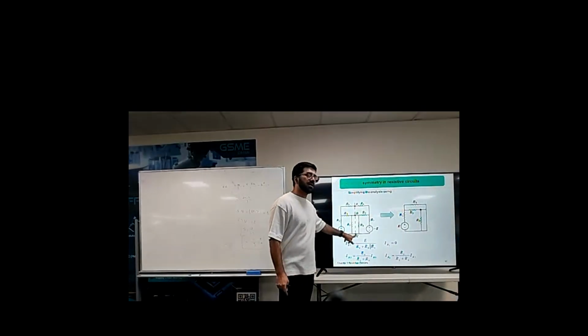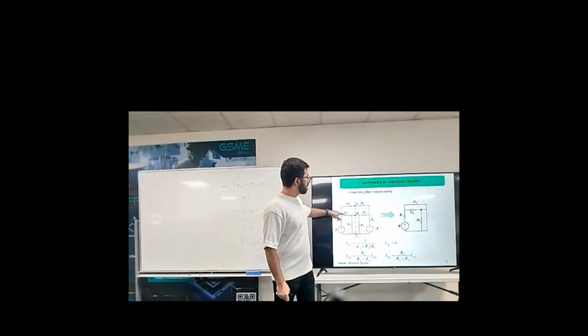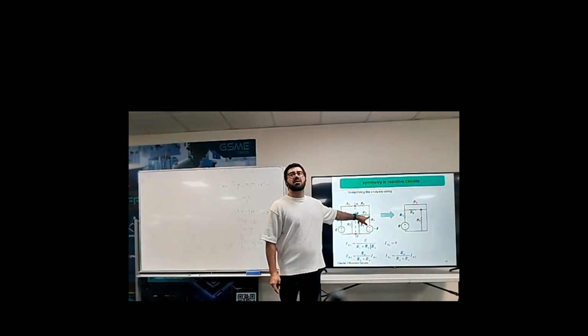Let's give more examples. In this circuit, there is really symmetry on both sides, but the only difference is here we have negative voltage. Here we have positive, here negative, which means if I consider this node as ground and have 2 volt here, how much do I have here? -2.